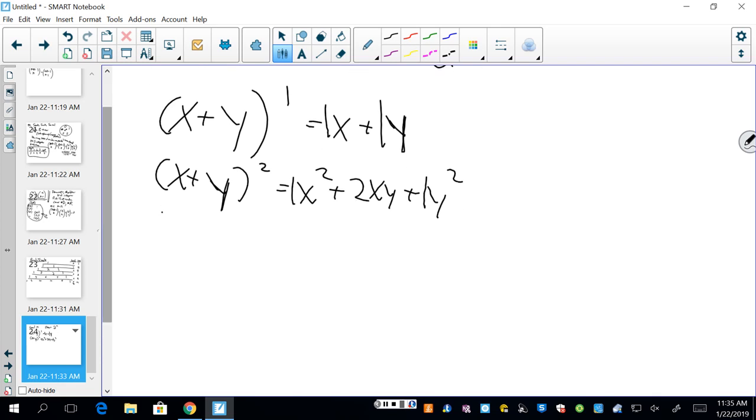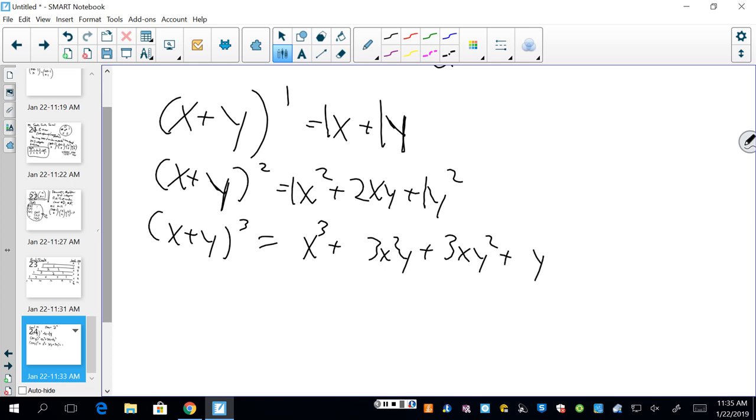How about if you cube it? Again, if you put a 1 here and a 1 here, right? So you get 1, 1, 1, 2, 1, 1, 3, 3, 1. You do another one.